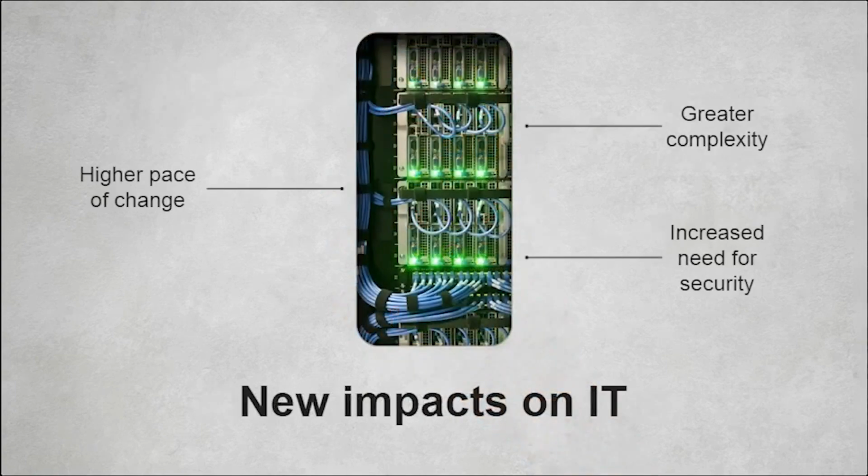And some of these impacts, again, beyond just the pressure, is this high pace of change. There is a much faster cadence than IT has ever been used to in terms of keeping up with app updates, OS updates, managing devices, new features coming out, etc. And all of that has led to much greater complexity than IT has ever faced before.